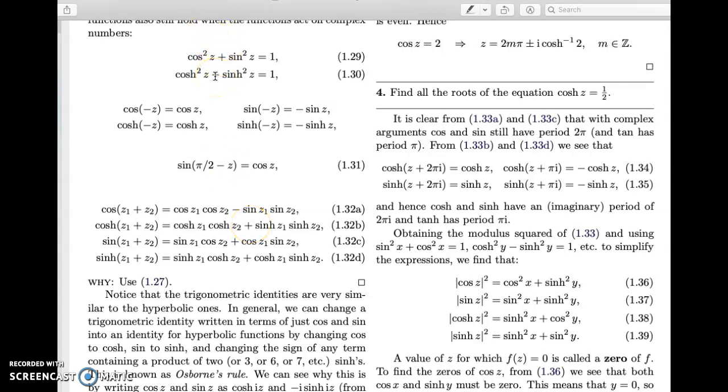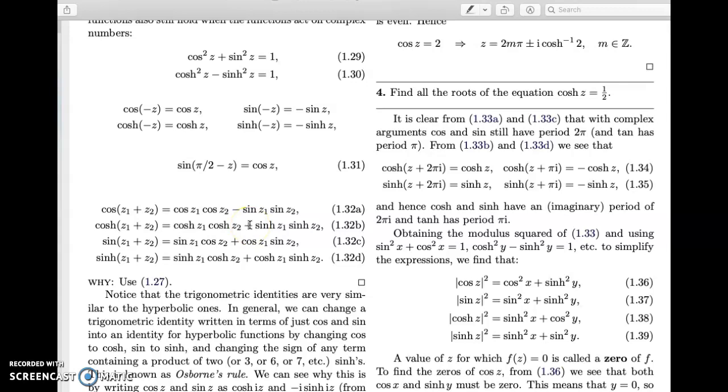So what's the difference? Well, the rule is actually known as Osborne's rule, and it basically says that if you want to change from one identity to the other, and you have two lots of sines multiplied together, so you've got sine squared here, or sine times sine here, then you need to change the sign in front of those two sines multiplied together to get the hyperbolic equivalent.